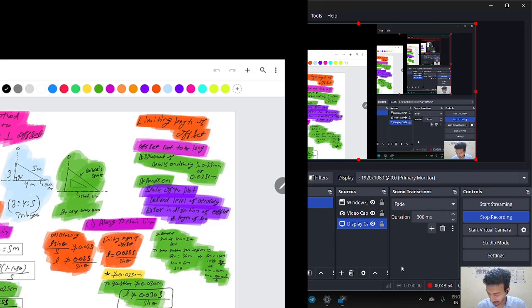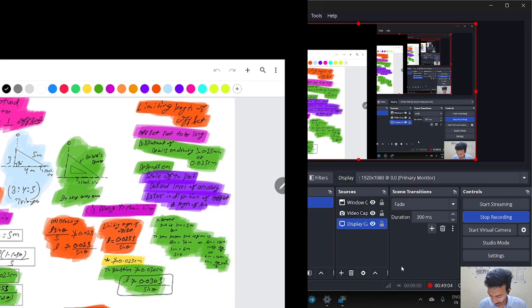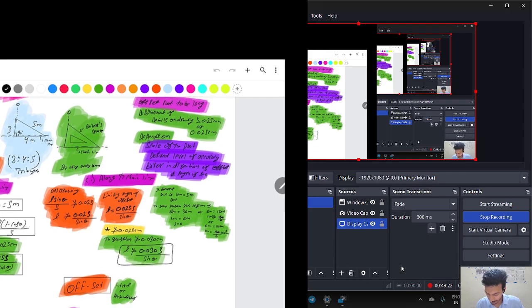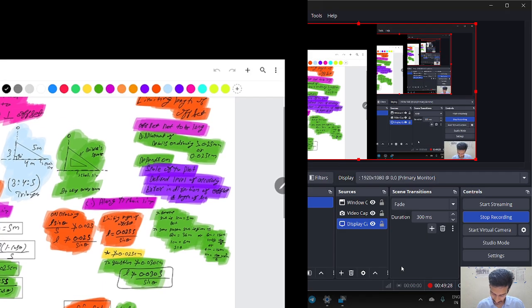Now, there is the limiting length of the offset. This is the most important part of the offset. Limiting length of offset: offset need not be long. Displacement of details on the drawing less than 0.25 mm or 0.025 centimeter, depends on the scale of the plot and the desired level of accuracy. Error in direction of offset and length of line: there are two, offset along the chain and displacement perpendicular to the chain.